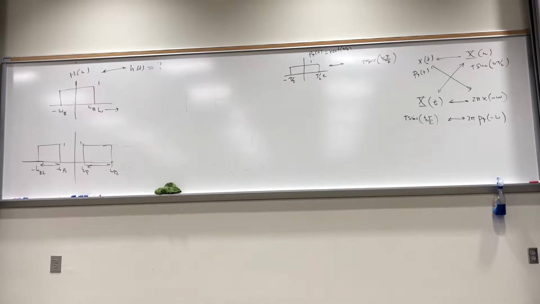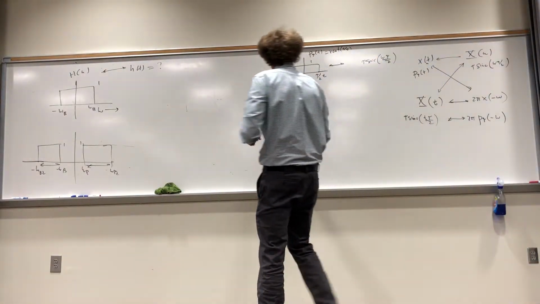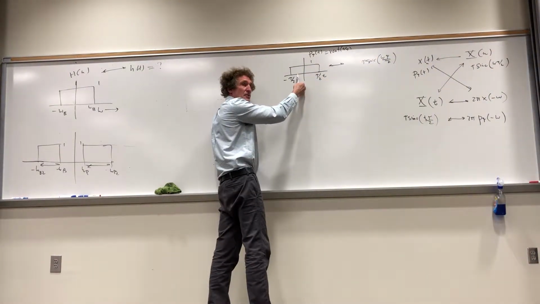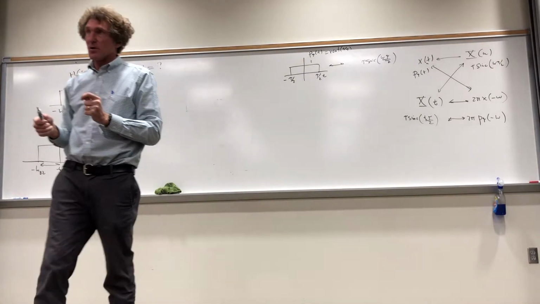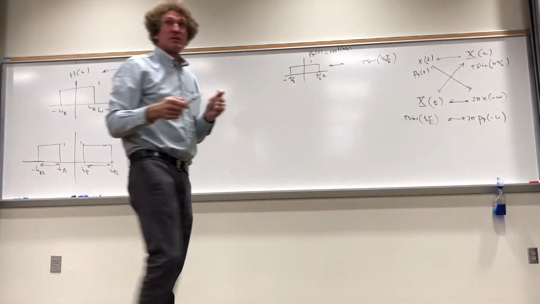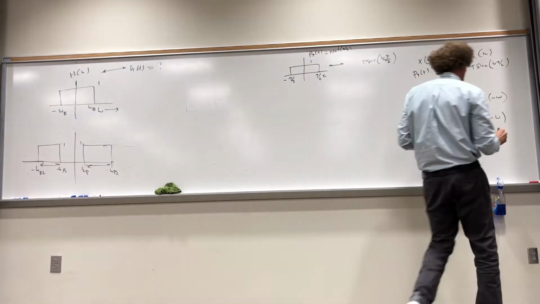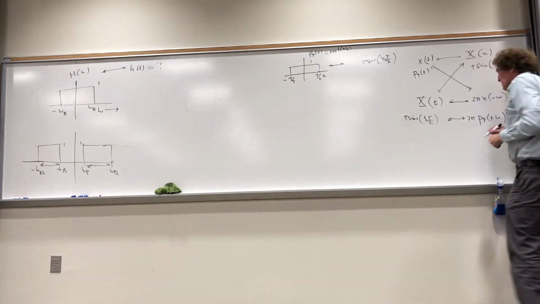No, it's symmetric. It is an even function. What he's saying is the pulse function, for any negative value of a, is the same as the pulse function for a positive value of a. That's called an even function. Therefore, if it's even, the minus has no effect. So I can do that.